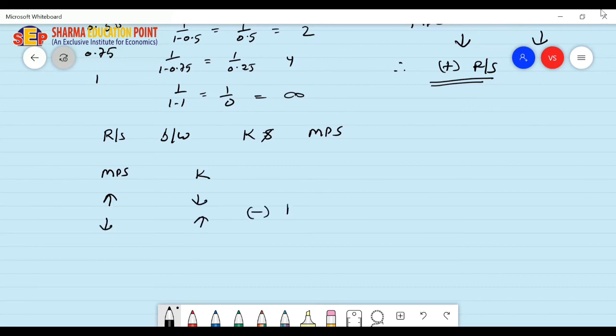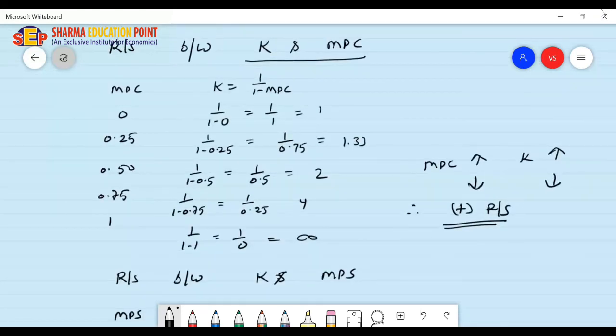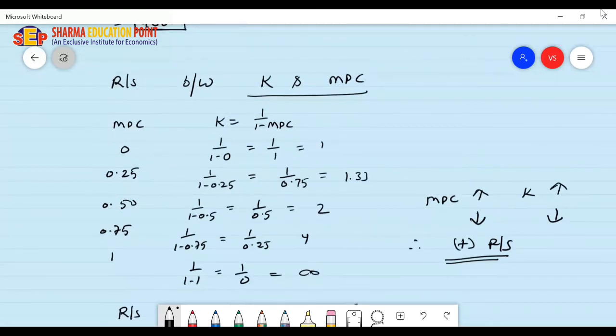Both have a negative relationship. You can take the previous example also, and prove it as homework later. So this is the concept for today's class: the relationship between multiplier and MPS, and the relationship between multiplier and MPC.